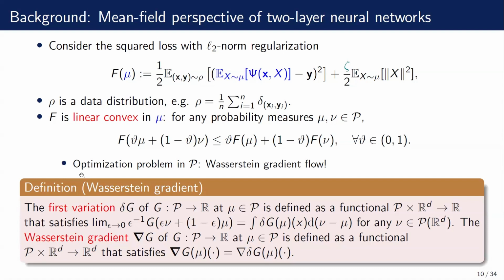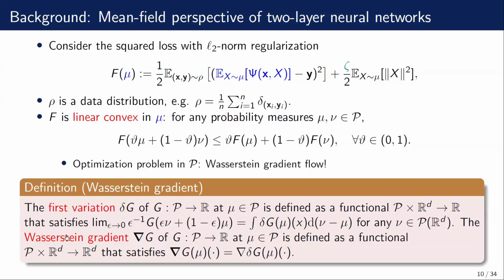Okay. But to do optimization in the space of probability measures, we need a proper notion of gradient in this space, because it's not a Euclidean space anymore. What does it mean to take a gradient with respect to your distributions? Fortunately, a lot of mathematicians have done it for us already. They have this notion of Wasserstein gradients, which I will not go into the details of in this talk because they'd be very niche.